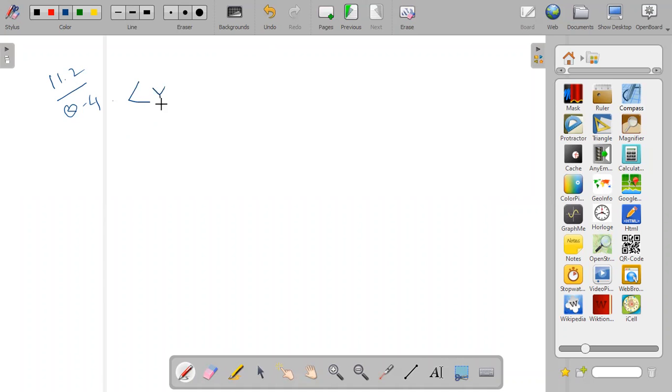Angle Y is equal to 30 degrees and angle Z is equal to 90 degrees. Okay. And the perimeter of the triangle is the sum of the sides, because this is the triangle XYZ.